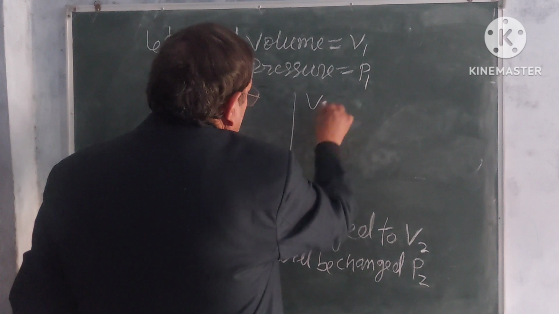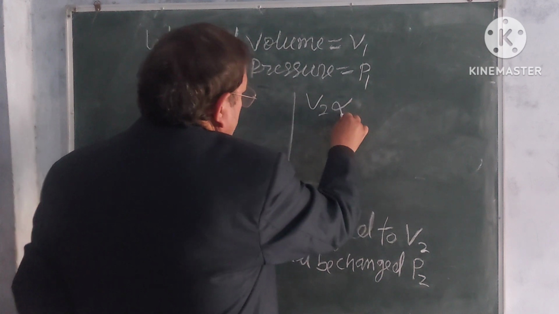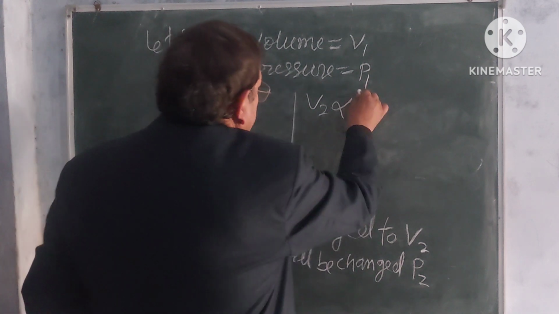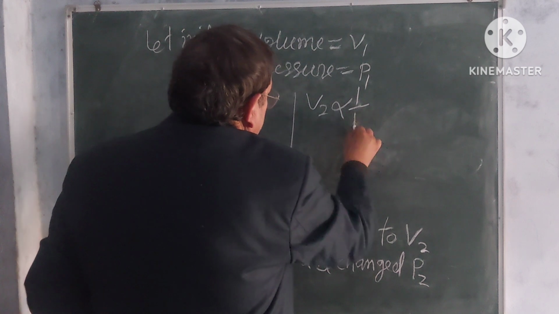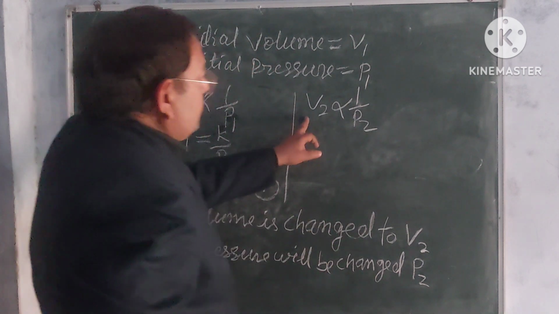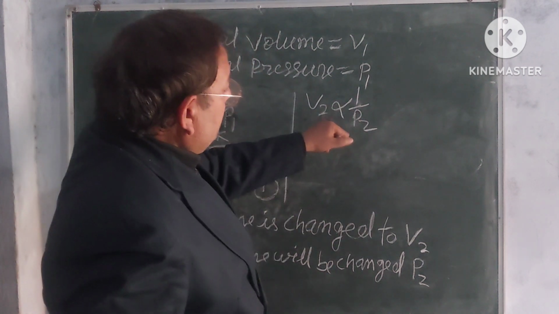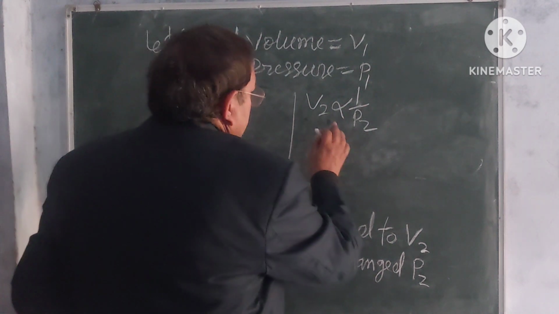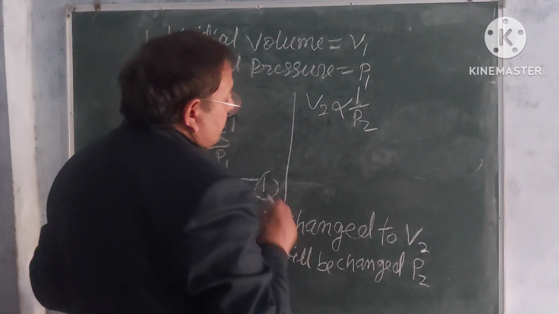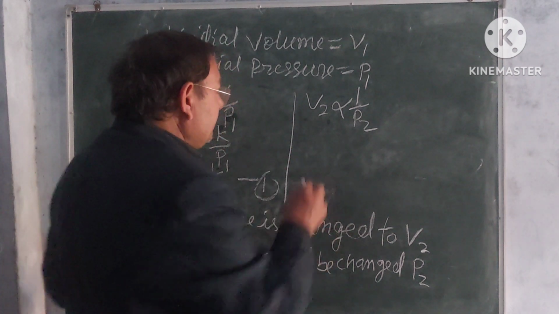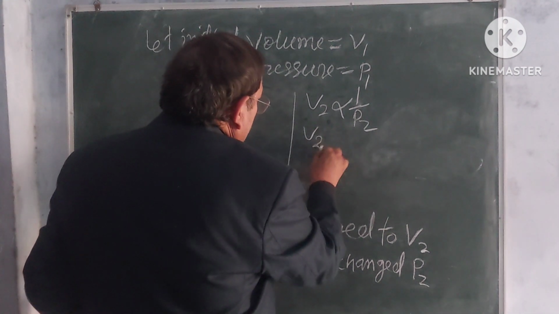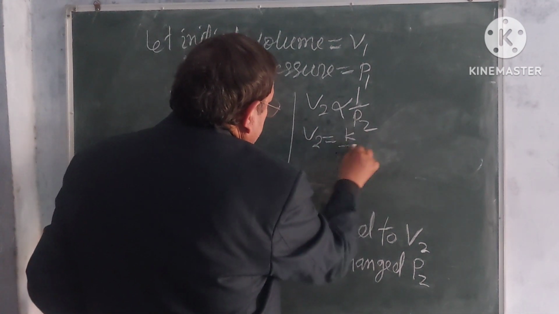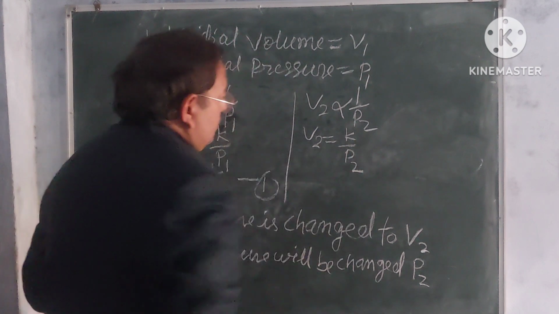V2 is proportional to 1 by P2. It means V2 is inversely proportional to P2. When we remove the proportionality constant again, V2 is equal to K by P2.